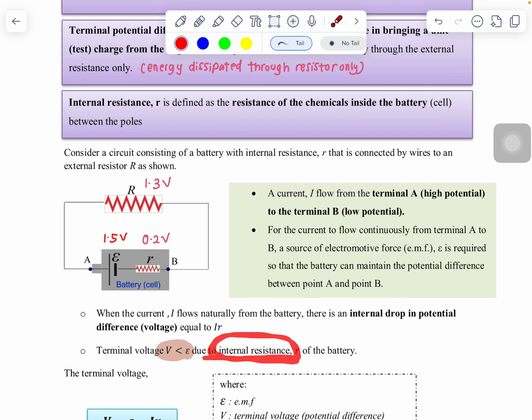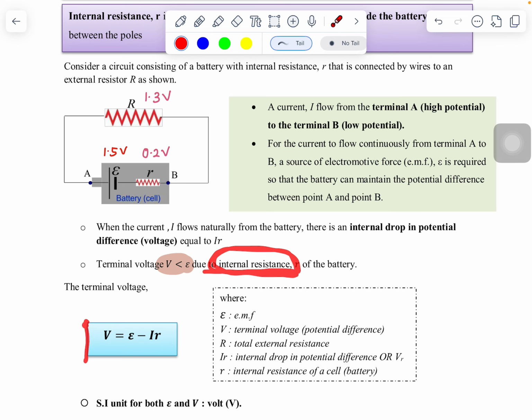So the formula we will use is this one: V equals E minus Ir. V is the terminal voltage, E is the EMF of the battery, and Ir here is the same as Ohm's law. This is the voltage at the internal resistance: current multiplied by internal resistance.